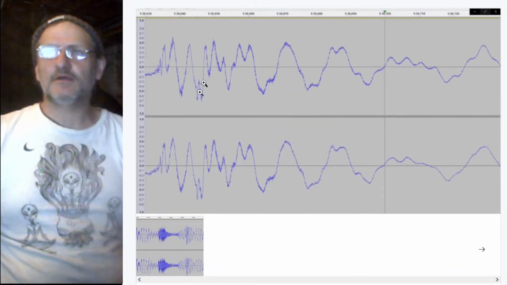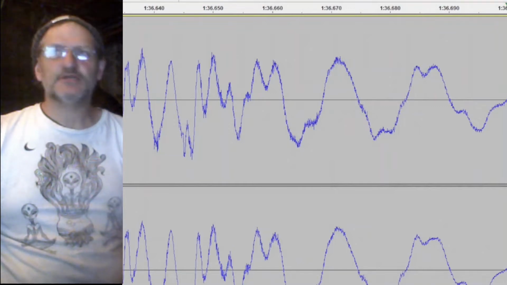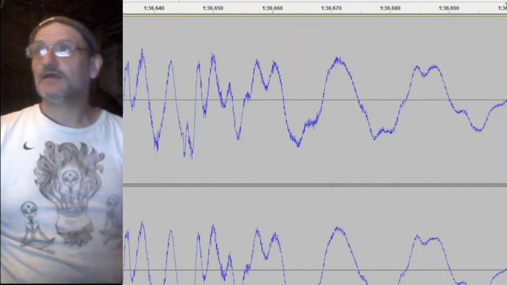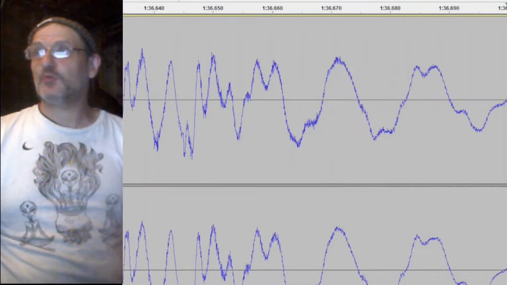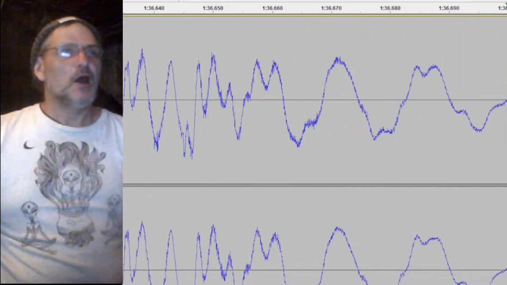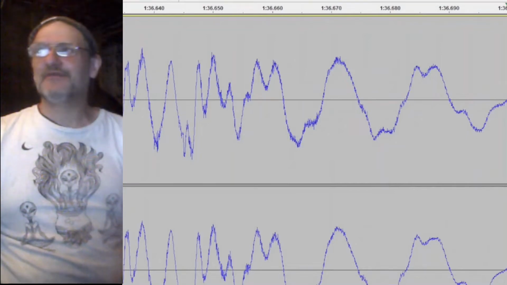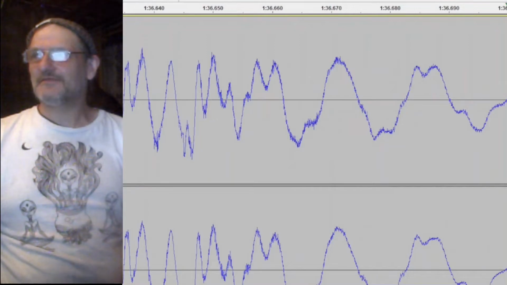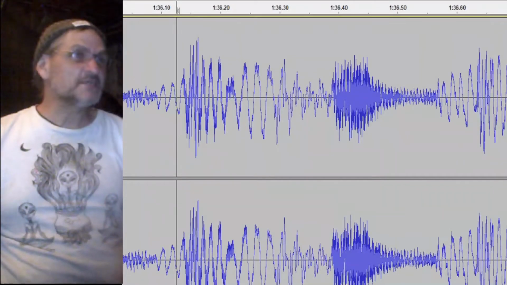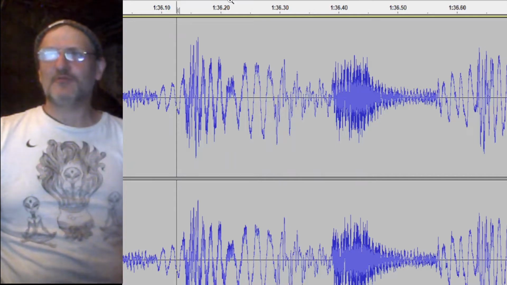This is at 136.6, and it's 136.72. So this is a hundredth of a second of waveform versus 1 second worth of music right around here.